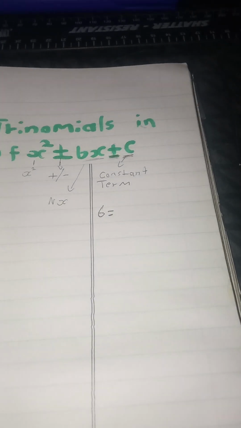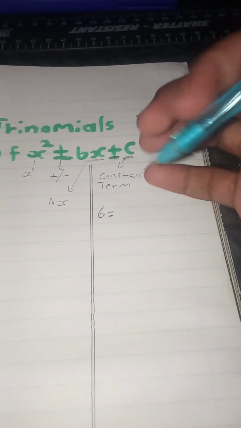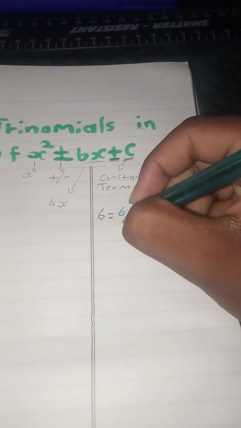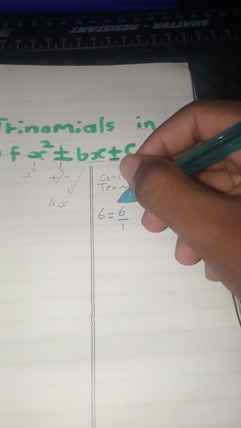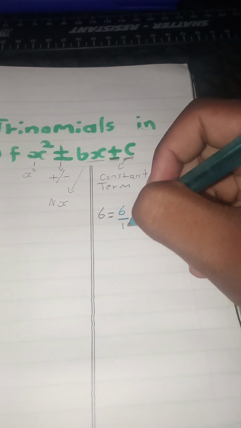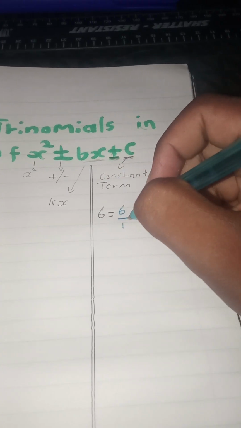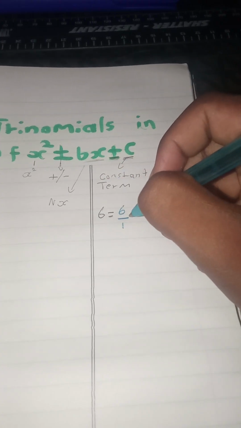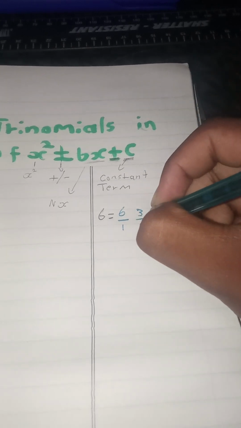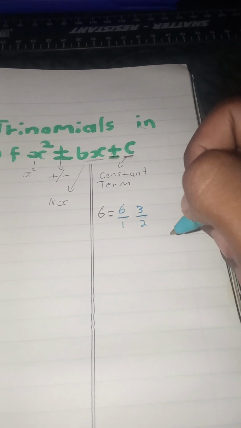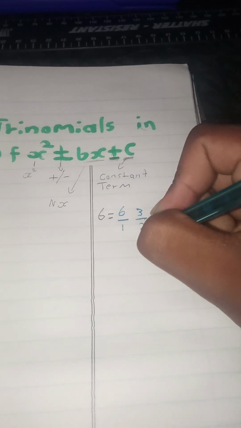So now we have 6 and 1. If you check, when you add them, you'll get 7, as you can see. Now you check 3 and 2. When you add them, you'll get 5.